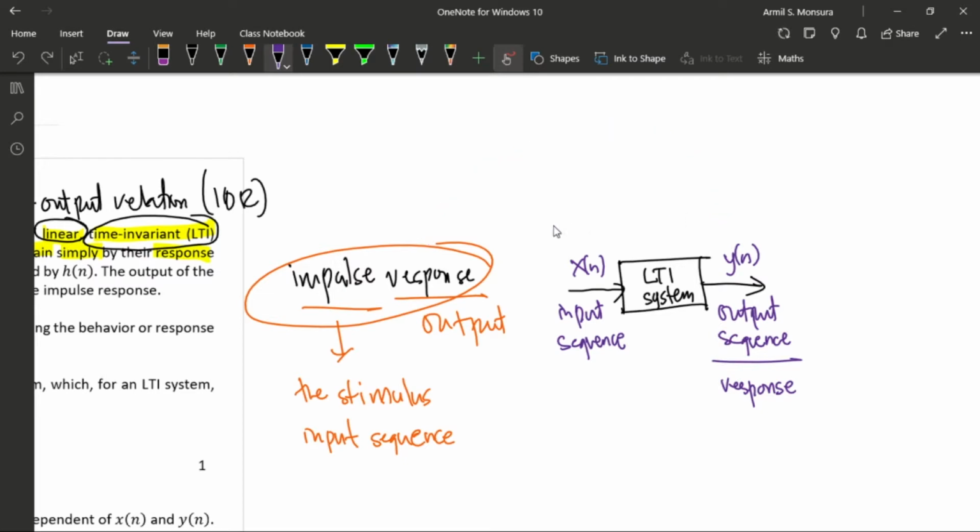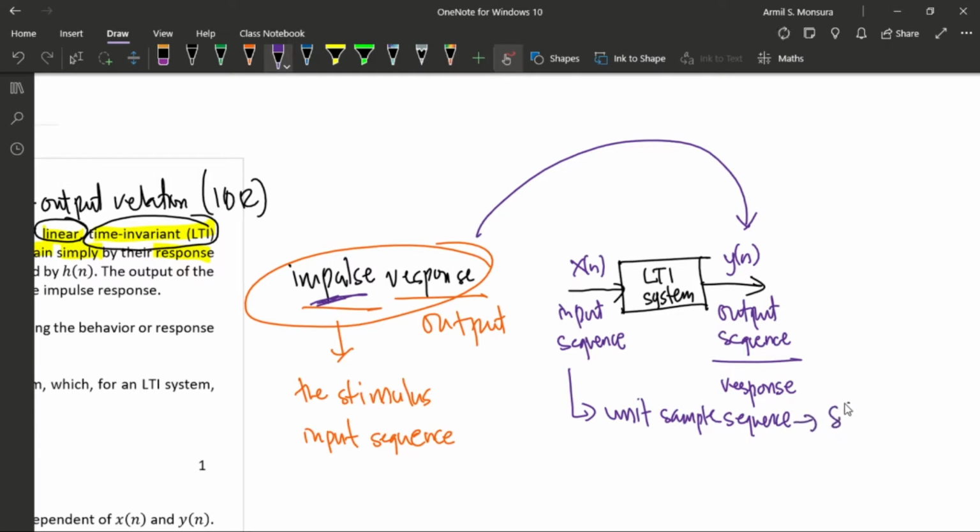The impulse response is the output sequence produced when your input is an impulse signal, or a unit sample sequence, which we have defined previously as delta n.